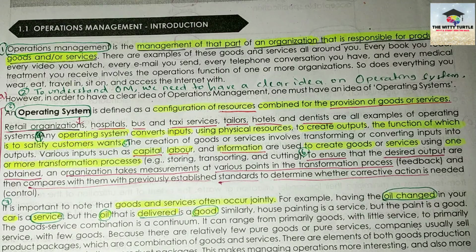Whatever queries you have, whatever extra thing you need, they provide you with that. So restaurant is a perfect example of the place where goods and services occur jointly. An example is given here. You can go through the example. You can also read the paragraph by yourself.